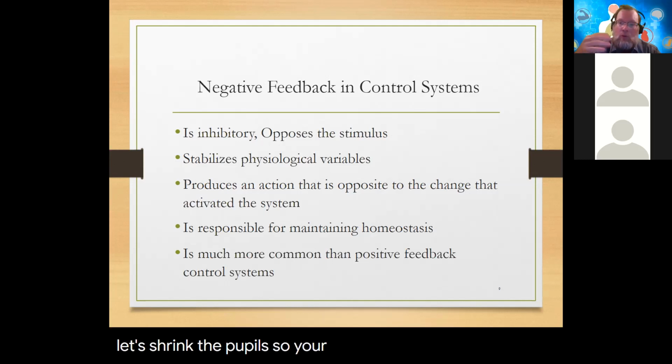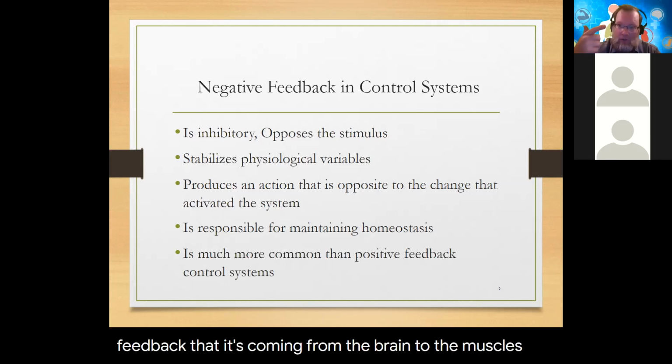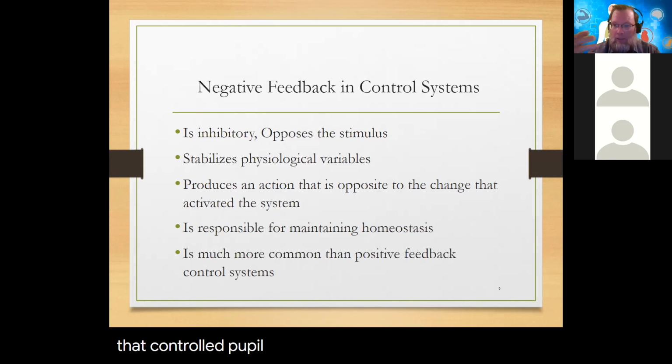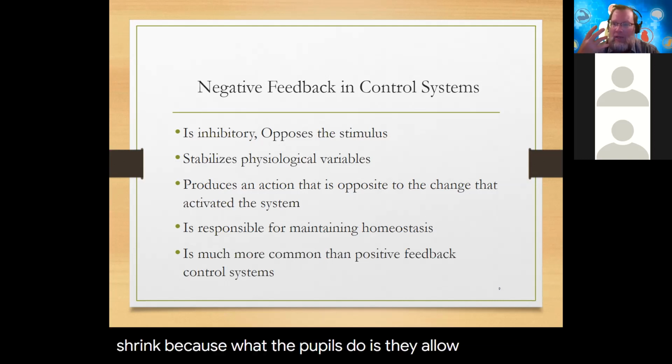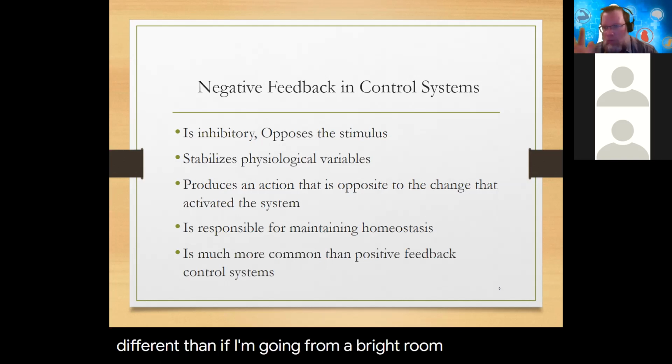So your physical response, the feedback that's coming from the brain to the muscles that control pupil diameter, are going to cause the pupils to shrink, because what the pupils do is they allow light in. No different than if I'm going from a bright room into a really dark room.